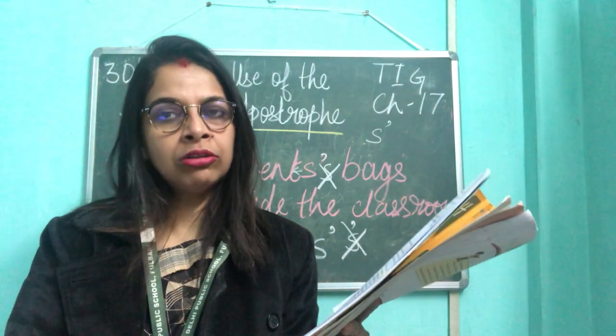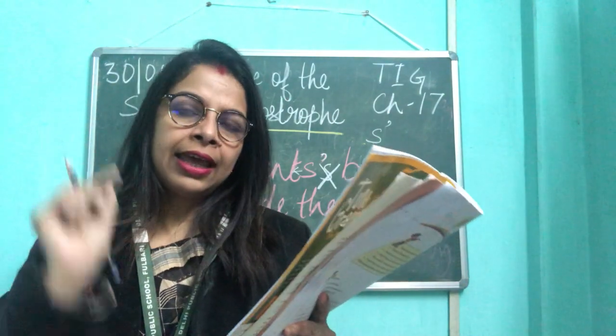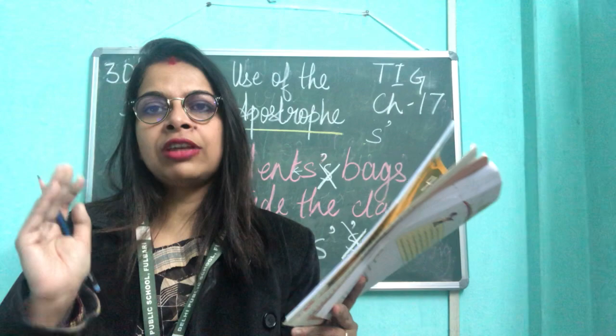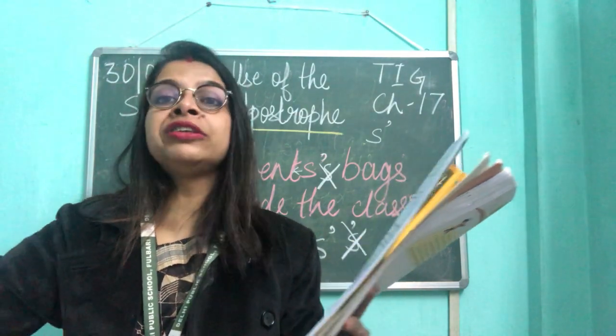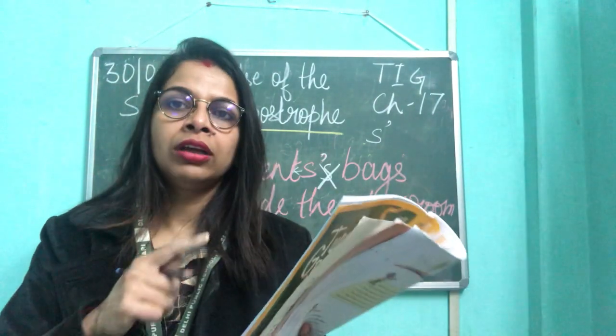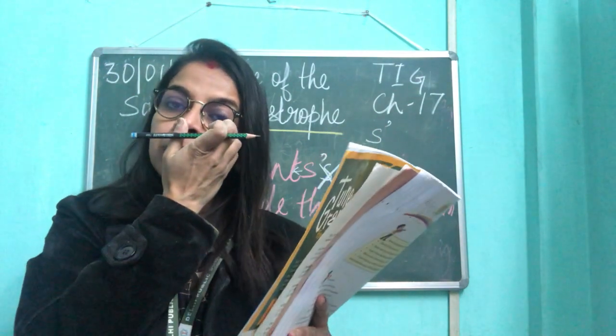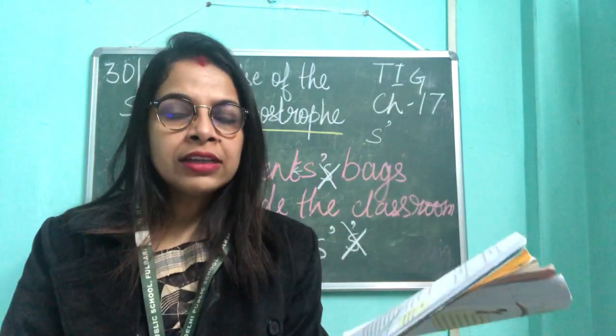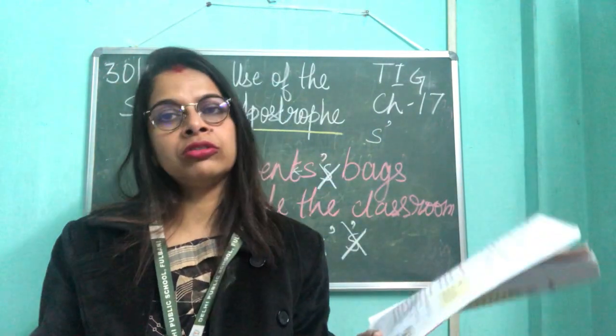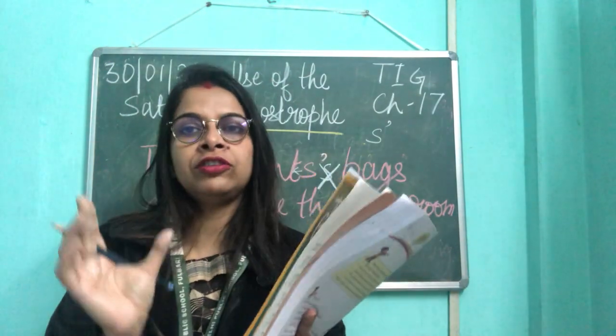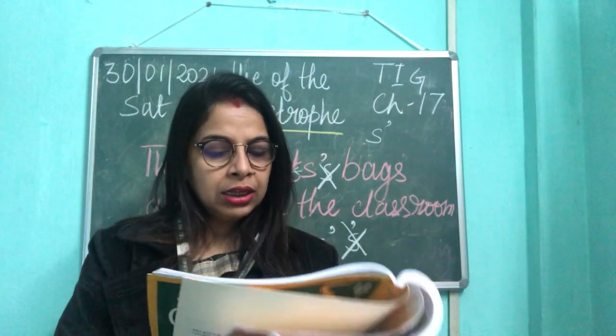So, children itself is a plural noun. So, apostrophe S, because many of you tend to say children's are playing out. That is wrong. Children itself is a plural, like one is child and many is children.